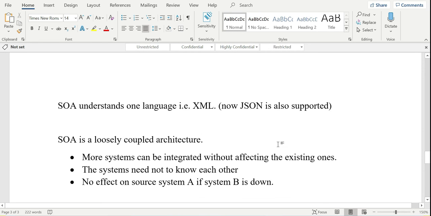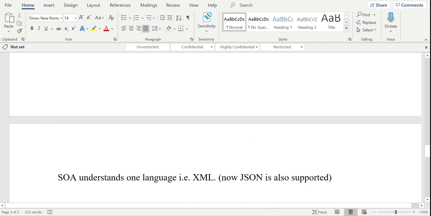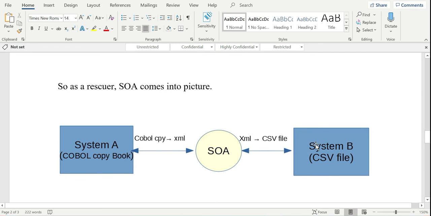Also the systems don't need to know each other because SOA takes the entire responsibility for the communication. And also, suppose system B is down. In case system B is down, SOA fetches the data from system A and keeps the data in its own database.